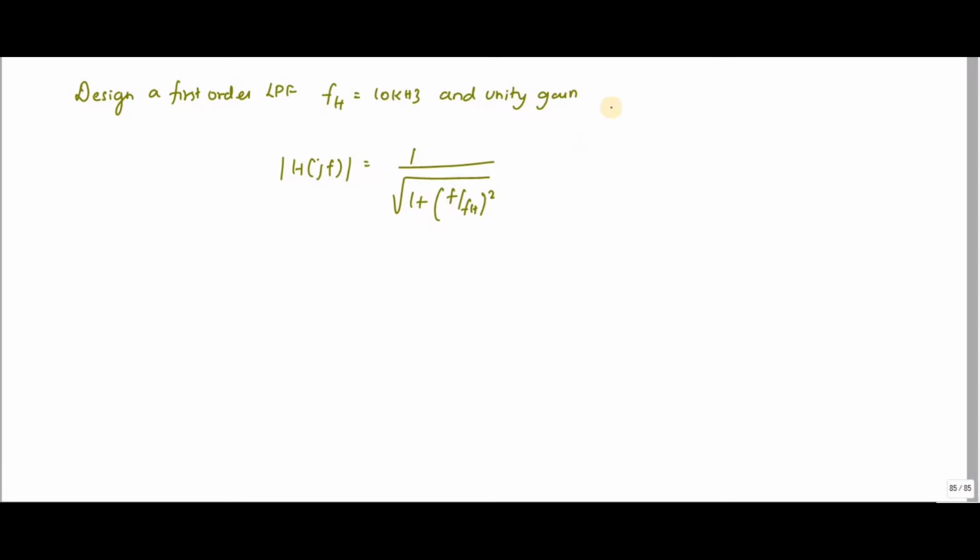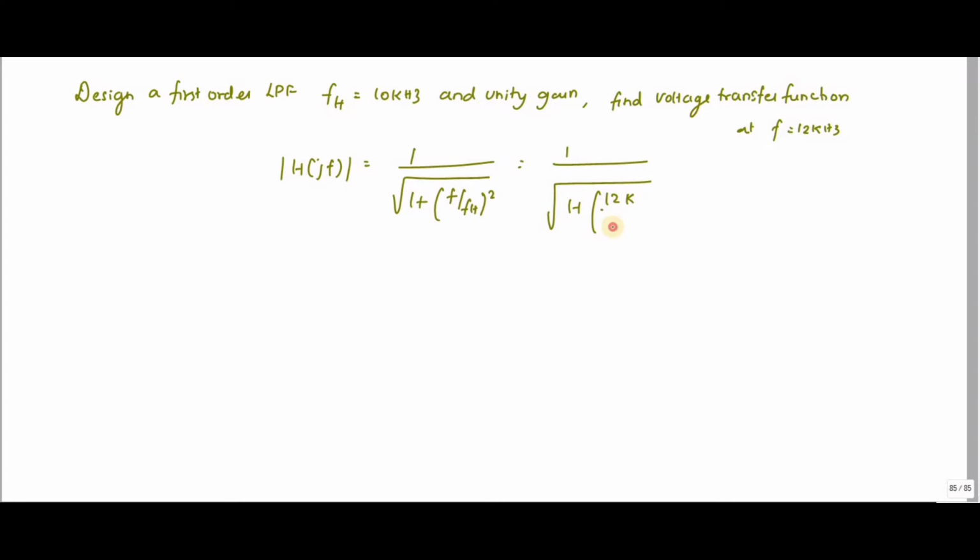Find the voltage transfer function at f is equal to 12 kilohertz. So this is a question. So you substitute the value. Okay, everything they have given.